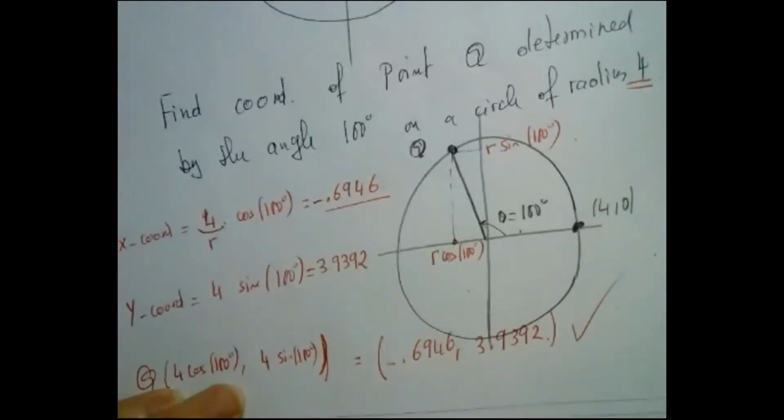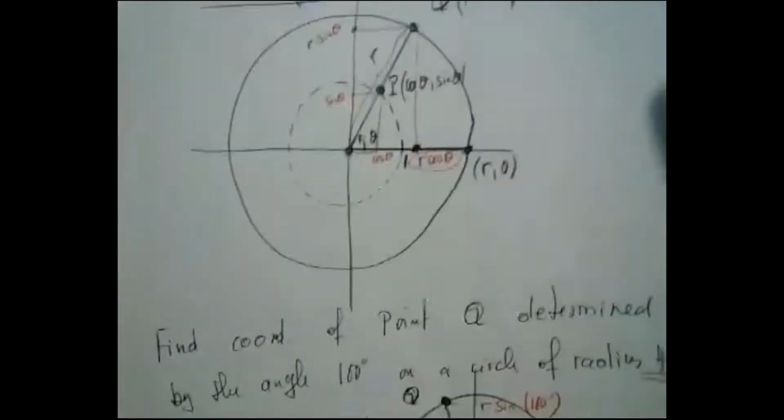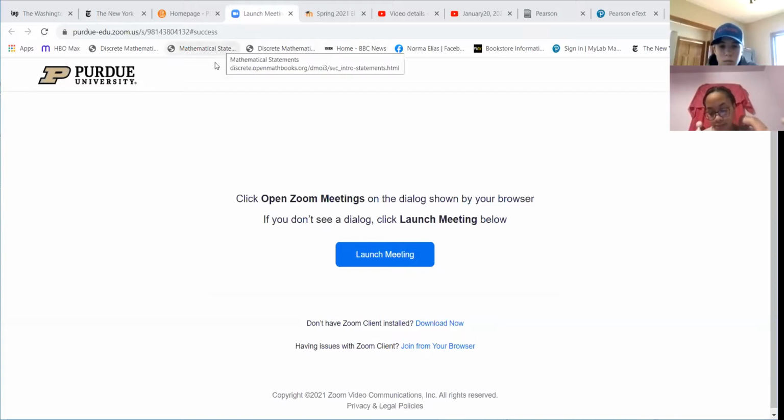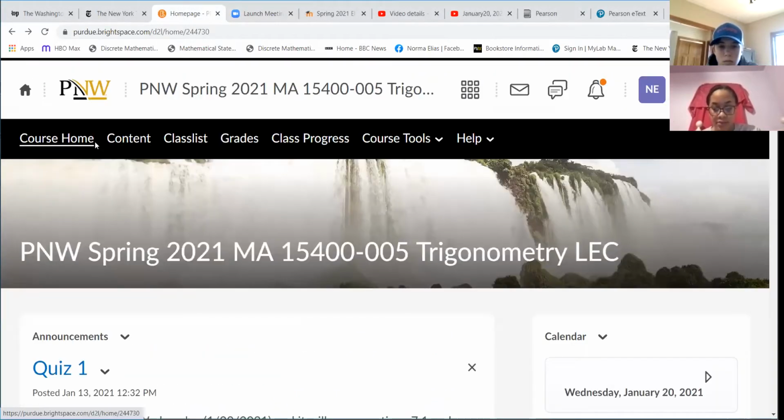Okay, so the quiz. How are we going to do the quiz? I want you all to go to Brightspace. I'm going to share the screen with you. Let me go to Brightspace myself. All right, go to the content area, all of us.